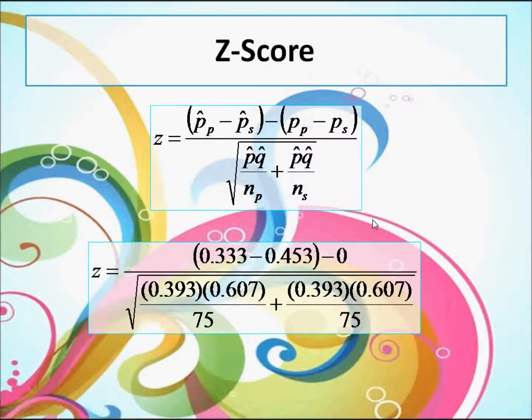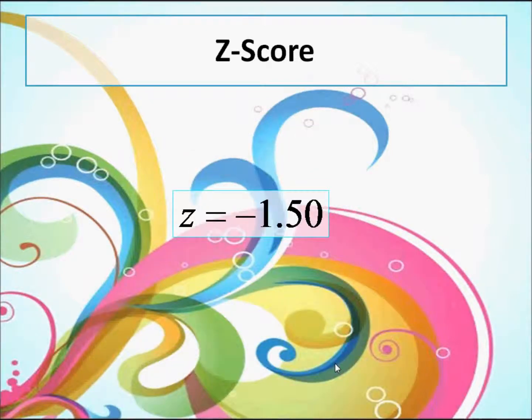Now notice that when I plug all my numbers in, p sub P minus p sub S is 0. That's based off of my null hypothesis that I wrote. And when I solve this, I get that my z-score is about negative 1.5.